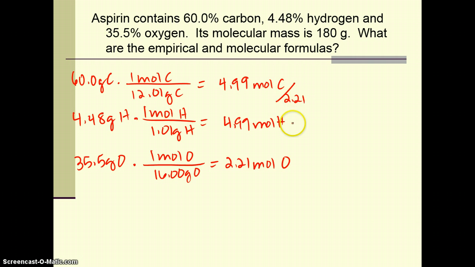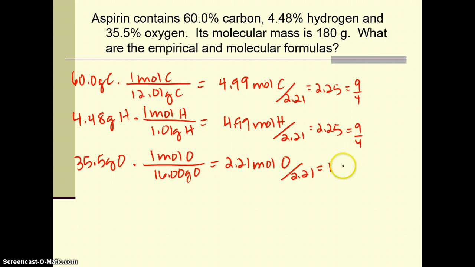Divide by 2.21, divide by 2.21, divide by 2.21, and I end up with 2.25, 2.25, and 1.